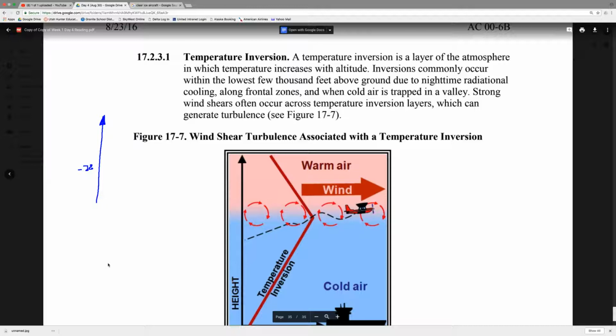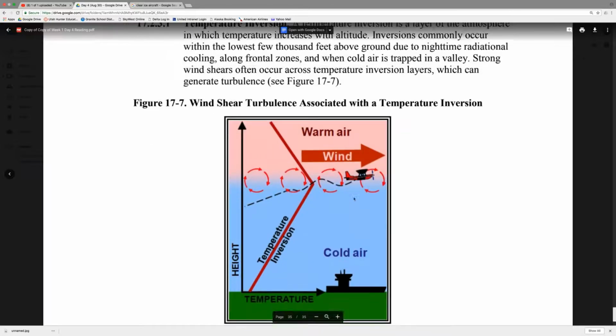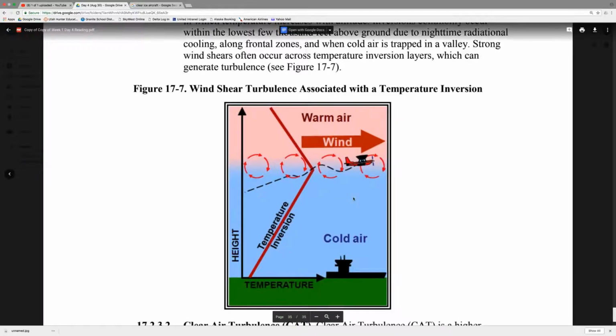Well, with a temperature inversion, it gets cold, cold, cold, and then all of a sudden we hit a pocket of warm air. What's happened is a warm vessel of air has moved over the top of a cold vessel of air and trapped it, basically. Kind of like a blanket, right?